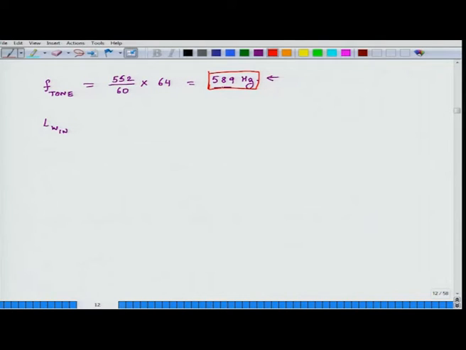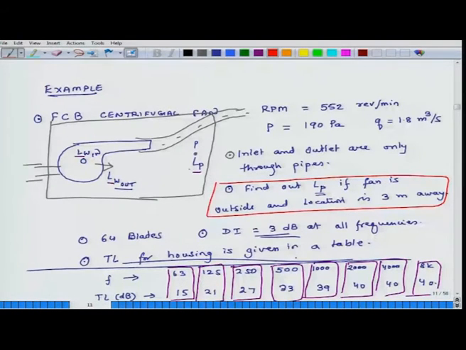Let us look at this table. 589 hertz is the tonal noise. In which band will it lie: the 250 hertz band, the 500 hertz band, or the 1000 hertz band?